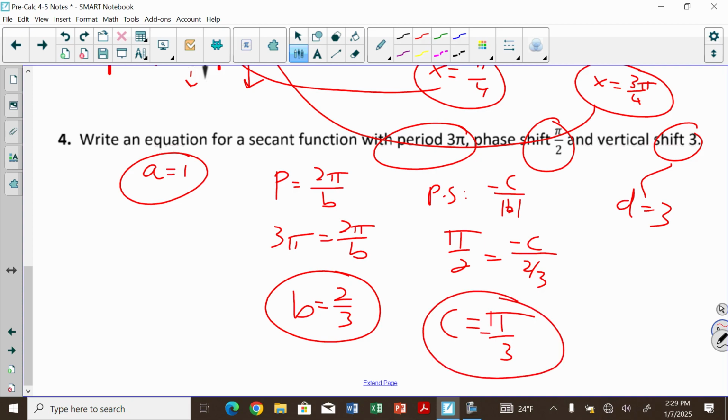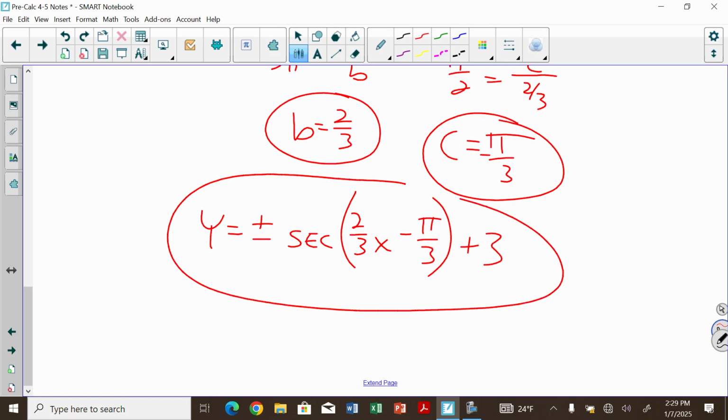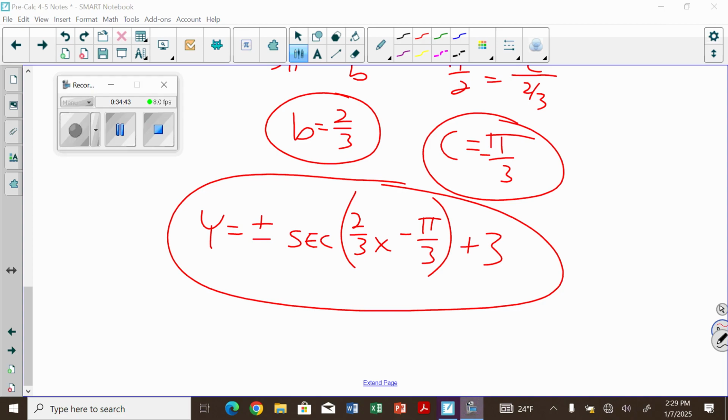This is my C value. So now I can plug in the equation in secant form, y equals plus or minus. My amplitude is 1, and we're talking secant. So secant, my B value is 2/3. Then my x, my phase shift is the opposite of C, so minus pi over 3, and my vertical shift is 3.